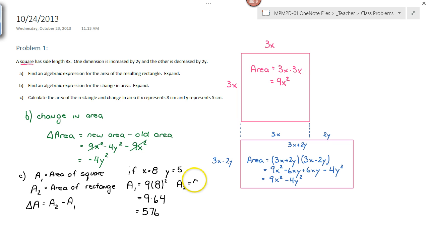A2 is going to be 9 times 8 squared, which we've already worked out, minus 4 times 5 squared, which is going to give me 576 minus, and 4 times 5 squared is 100. So that means we're going to get 476.